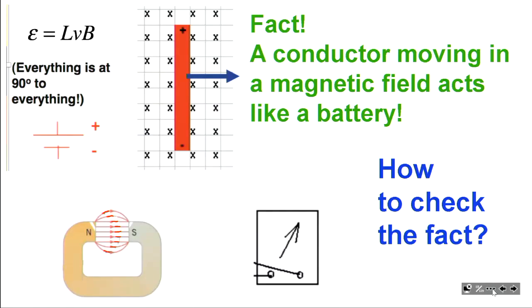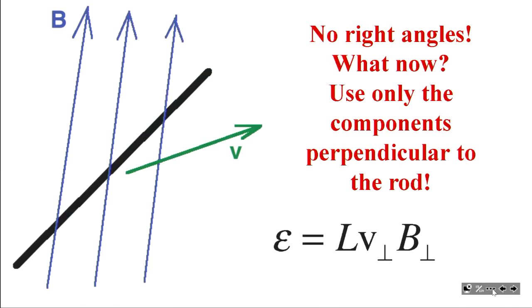So we saw this experiment. How do we check it? Well, we do the experiment. And another quick note. In our calculation and our experiment, all three directions were perpendicular to each other, like x, y, z. What's going to happen if it's not the case? Well, you just have to use components which are perpendicular to each other.